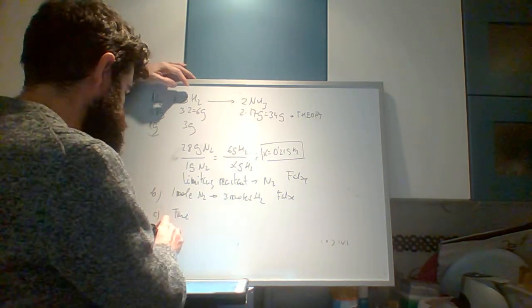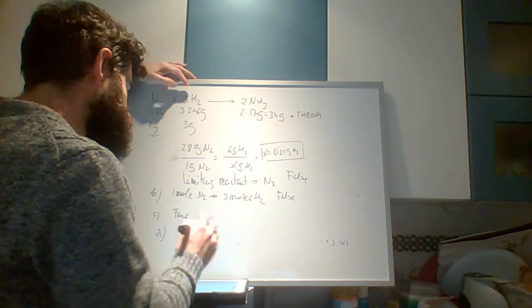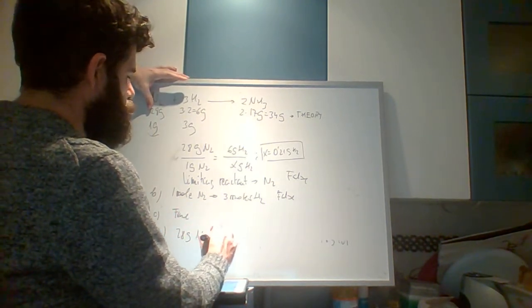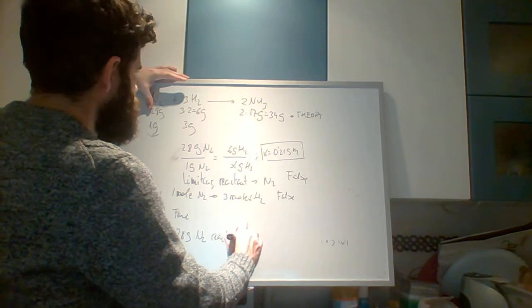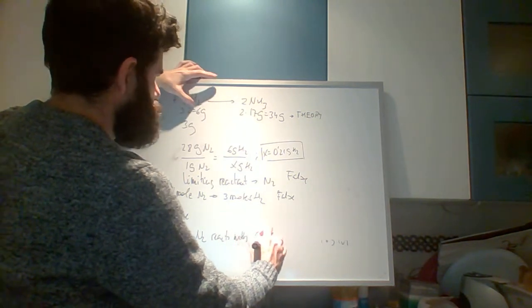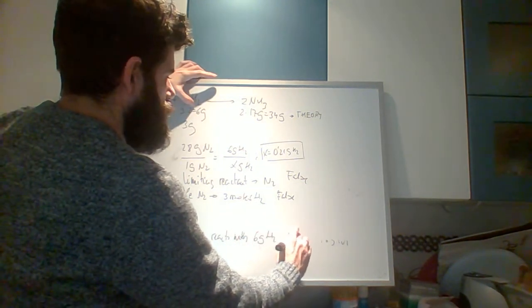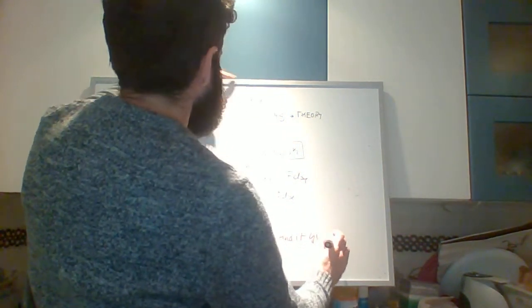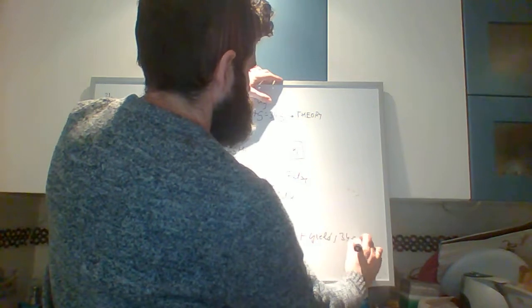Completely false, because to correct it, you have to say 28 grams of nitrogen react with 6 grams of hydrogen and yield 34 grams of ammonia.